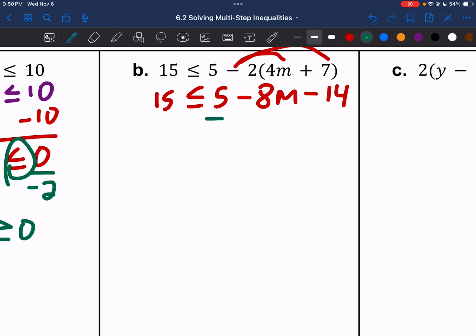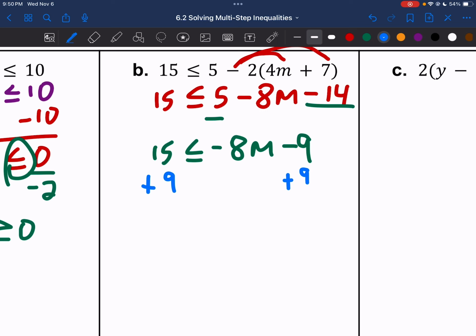My next step, I need to combine like terms. 5 and minus 14, we get 15 less than or equal to negative 8m. 5 minus 14 is going to be negative 9. We add 9 to both sides, and we get 24 is less than or equal to negative 8m.